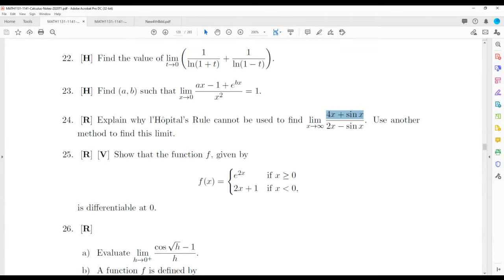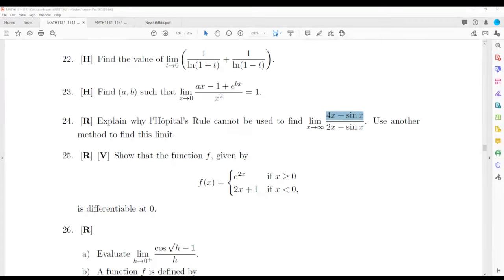Yeah, the problem is with the sine x. It just oscillates, right? So I'll put it into the GeoGebra and I'll just show you. Let me just show you that.